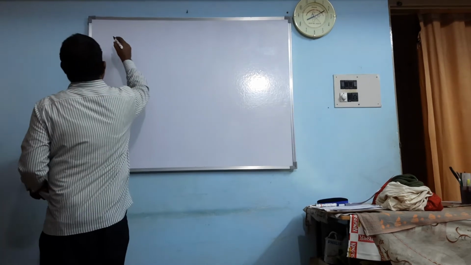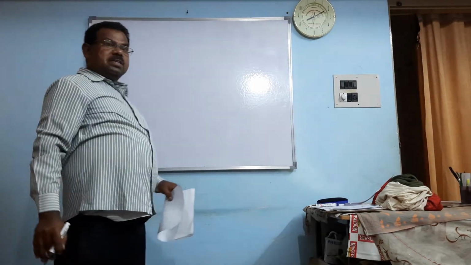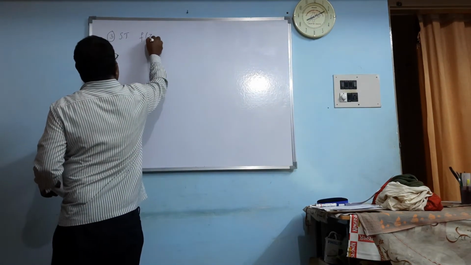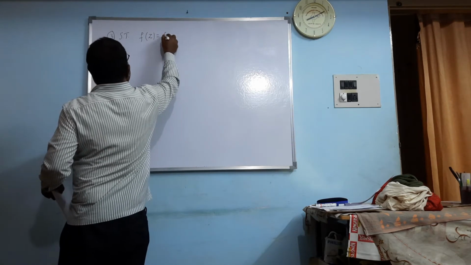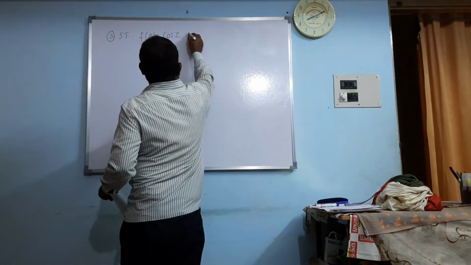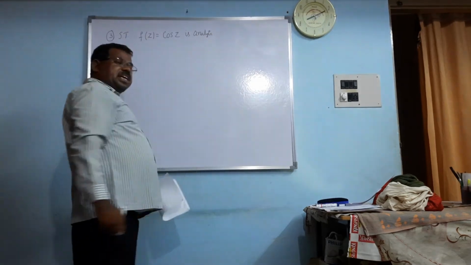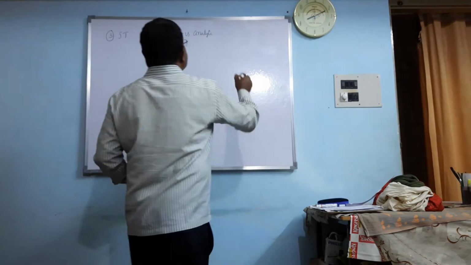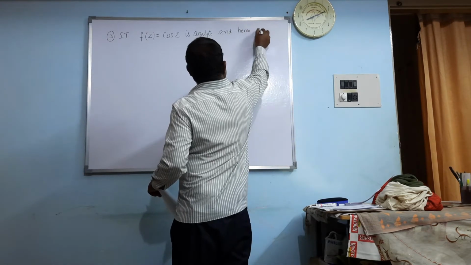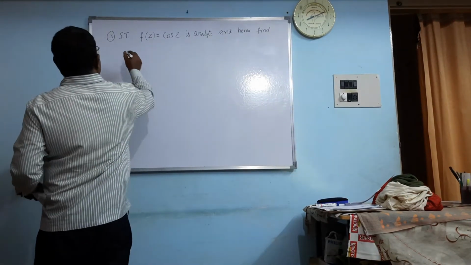So that f of z equals cos z is analytic, and hence find its derivative.